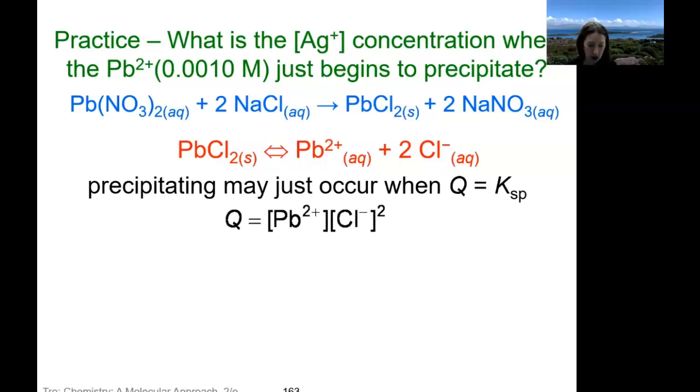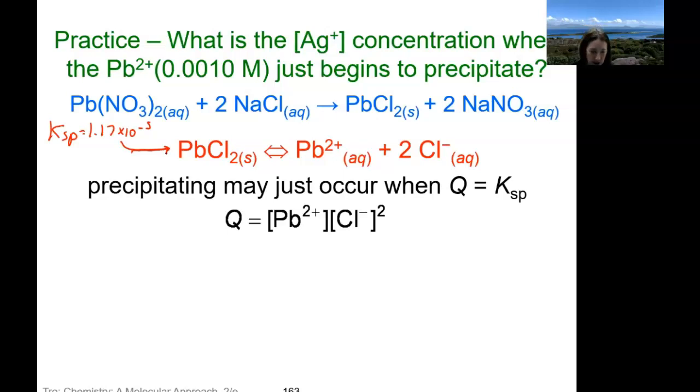We found from the KSP table that we just looked at for PbCl2 that the KSP was 1.17 times 10 to the negative 5.